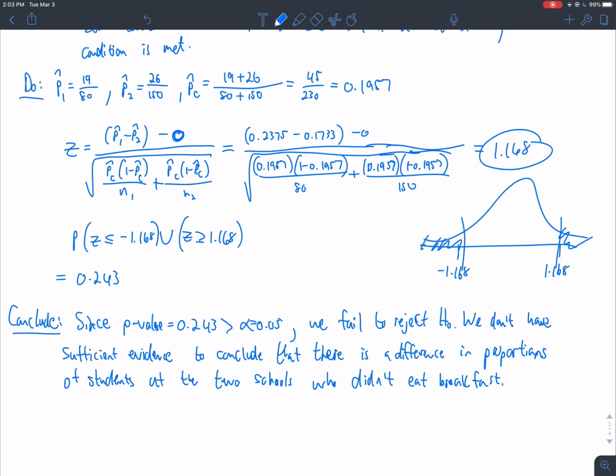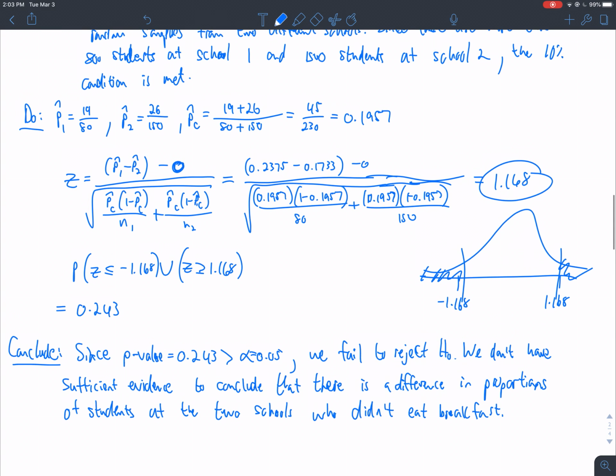Okay, so I can't say that there's a difference. That's all, because my sample proportions are probably too close to each other. All right, so that's that.